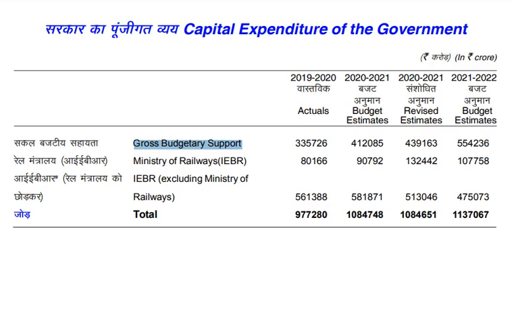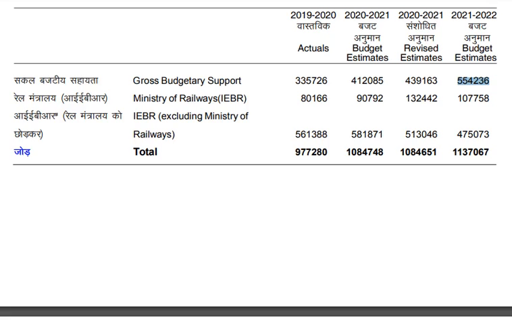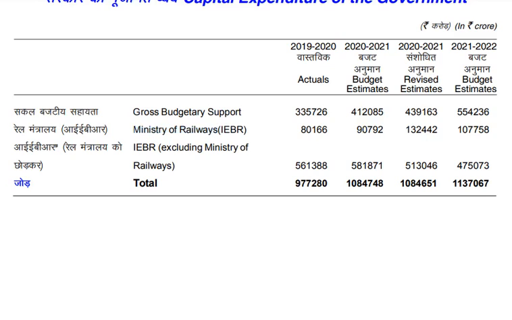There is a slight increase in the estimated value from 4,12,000 to 4,39,000, and for the next budget estimates it is increased to 5,54,000. For the Ministry of Railways, they have set aside from 9 lakhs to 13 lakhs. Definitely for development costs the amount has been increased, which is good.